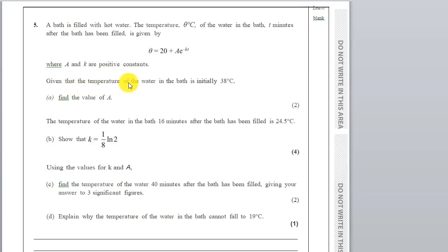Given that the temperature of the water in the bath is initially, here means t equal to 0, 38 degrees Celsius. Find the value of A.